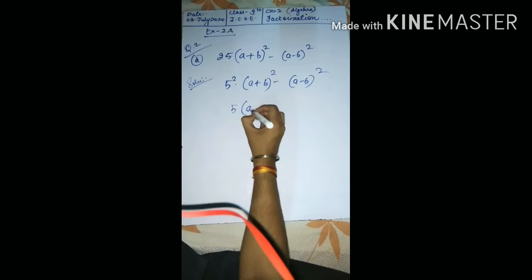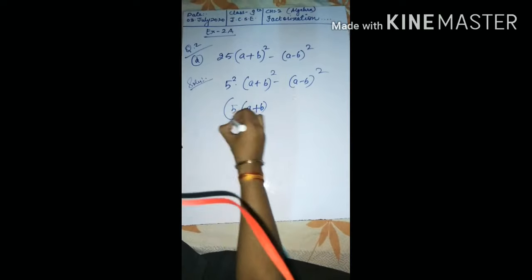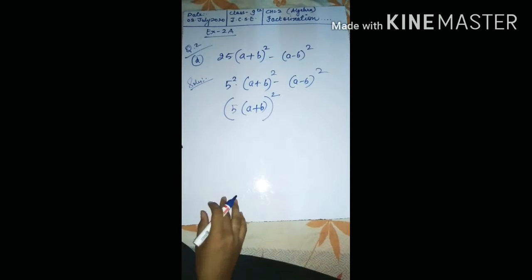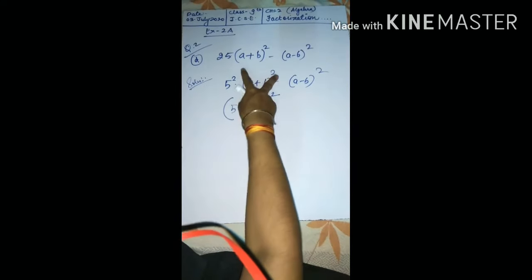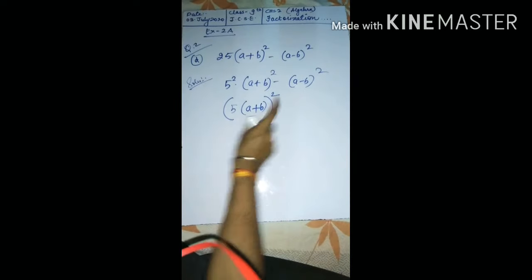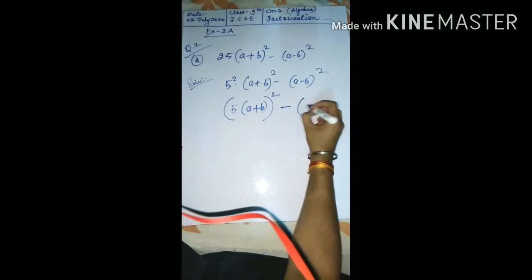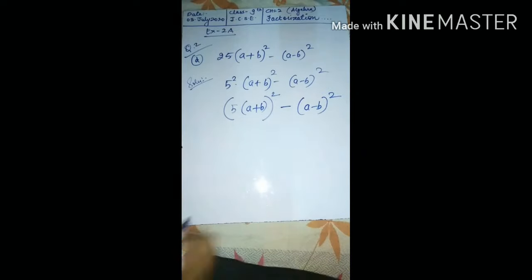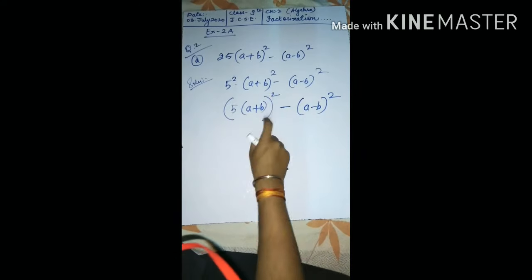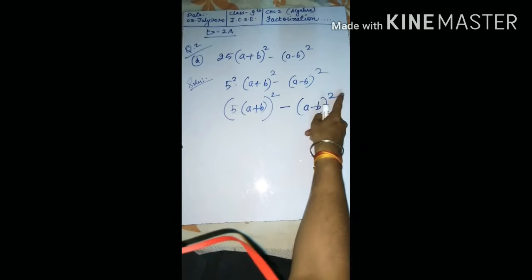We can write 5 into a plus b the whole square. Okay, they both are square, so we are writing a common the whole square minus a minus b the whole square. Now see, this is whole a square and minus this is whole a square.